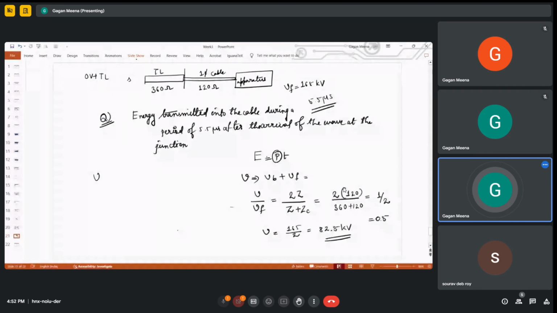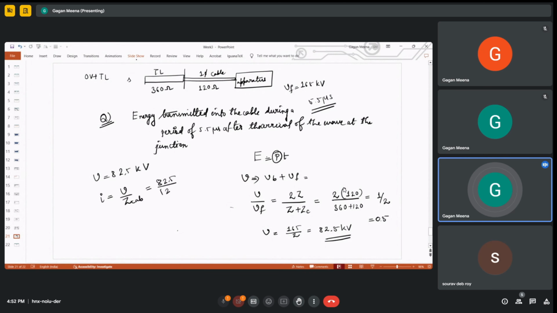So this is transmitted voltage, and transmitted current will be V divided by Z cable, which is 82.5 divided by 120. How much is this? This is 0.6875 kiloamperes.